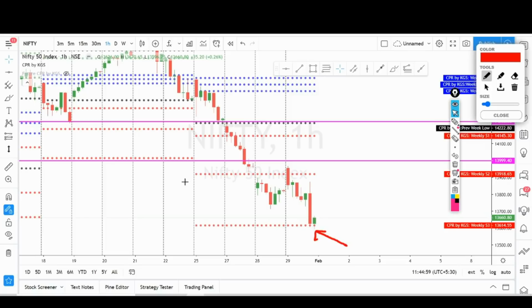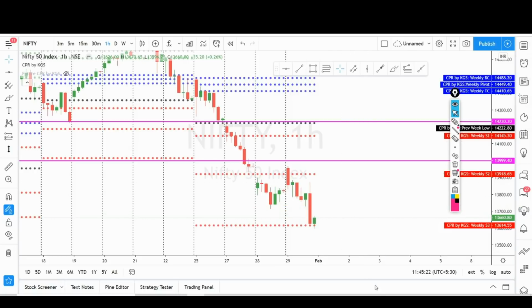And another important point is we saw a 50% level, right? That 50% level around 13,750 is also acting as a strong support. You can look at this. So this is the importance of using a CPR in your trading.